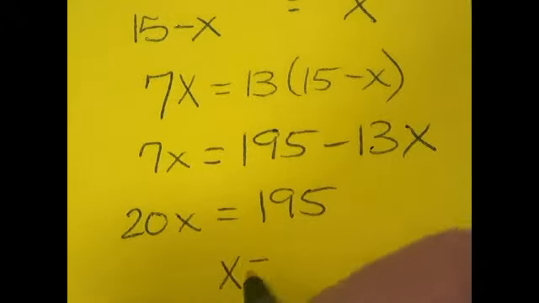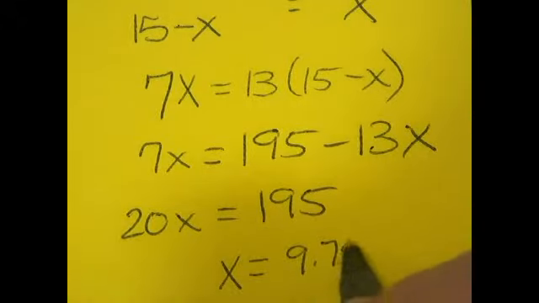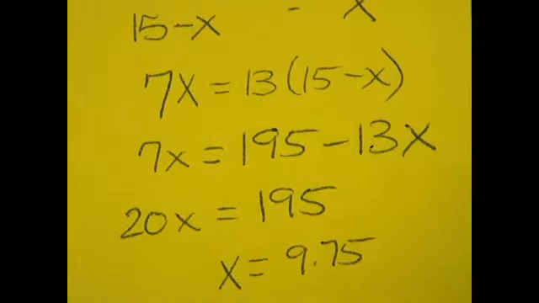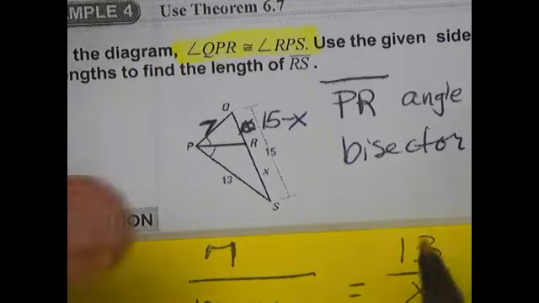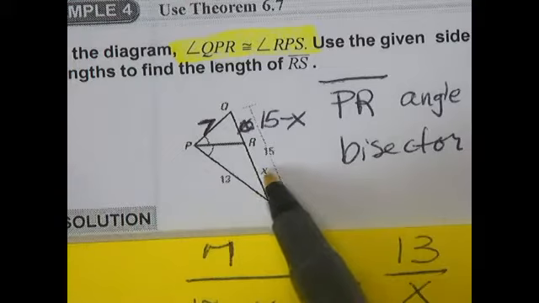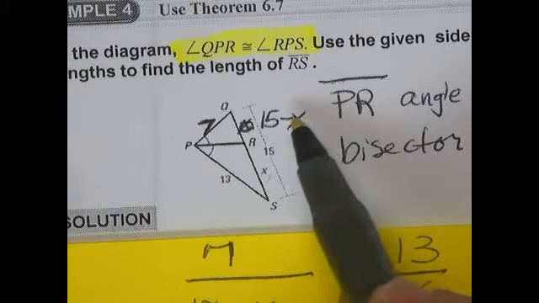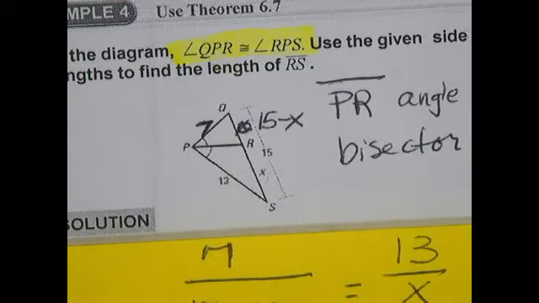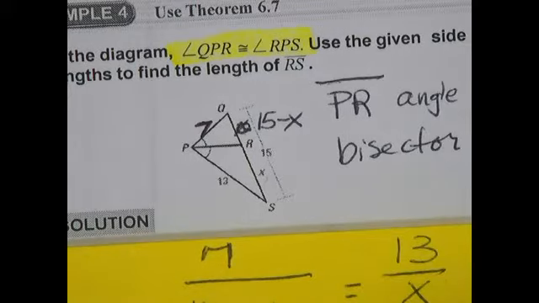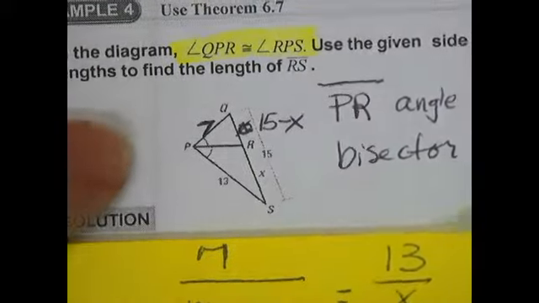Okay, you can solve this in lots of different ways. Add 13x to both sides and divide by 20. So x comes out to be 9.75. Okay, if you want to check to see if you're correct, if you put 9.75 in here, you should be able to work those out and see that they stay in the same proportion.